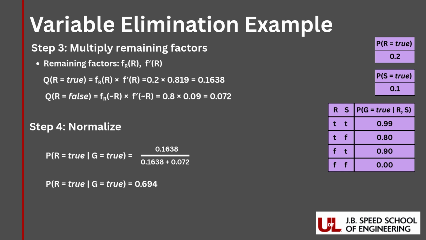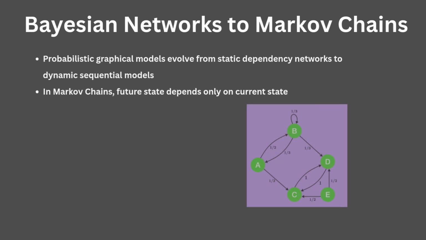And then for Q of rain being false, we multiply the factors associated with that out. And then we're back to the normalization step, which is what we ended enumeration with. It's the same exact thing. And we get 0.694 again. Okie doke.